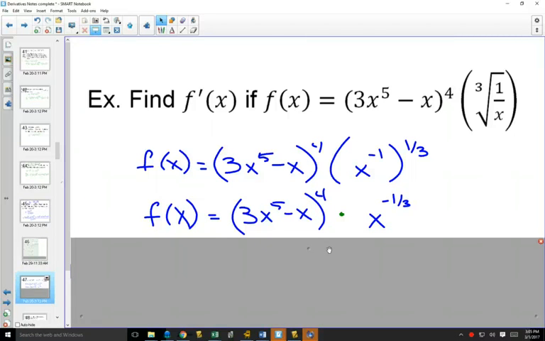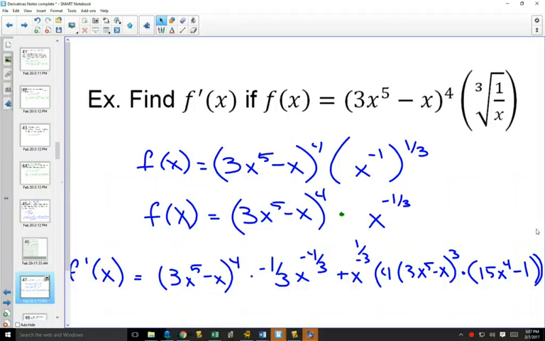Often it will help you if you take time to manipulate your original function to the easiest way to do the derivative. In this case, that cube root of 1 over x, I manipulated until it was just a single power, an x to the negative 1/3. So again, this one had the product rule.